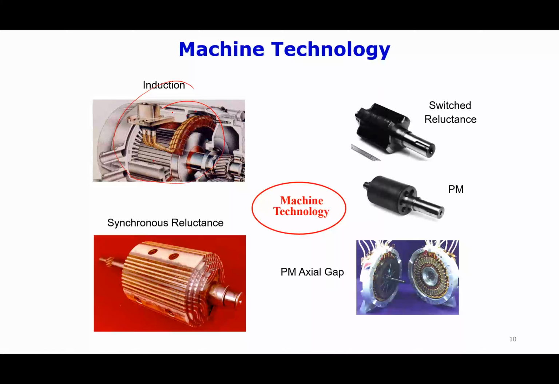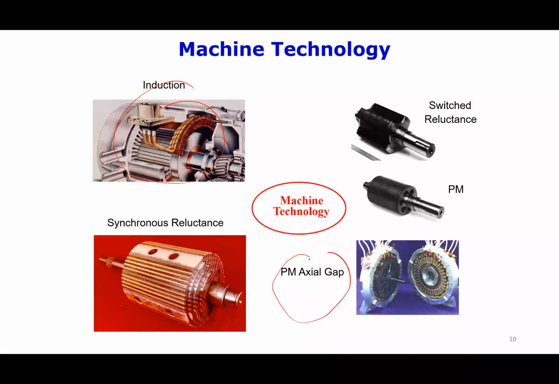Then the synchronous reluctance motor, permanent magnet motor, switch reluctance motor, and PM axial gap motor are all AC motors, and they all run at synchronous speed. The stator of the permanent magnet motor is similar to the induction motor stator, but the rotor has permanent magnets.